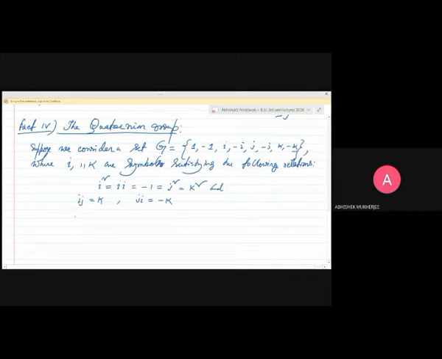That means if you put jk, then it will be i, and if you put kj, then it will be minus i. If you put ki, then it is j, and if you change the cyclic order, it is ik, then it will be minus j.